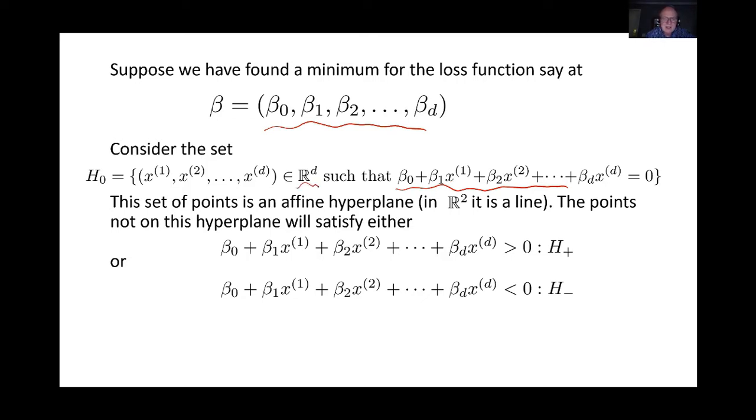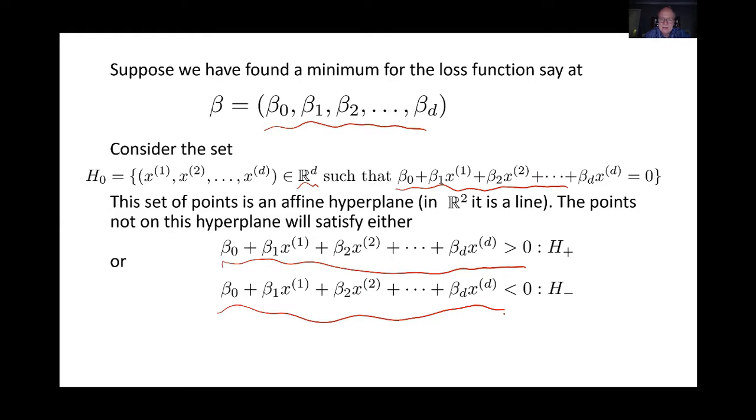So this is what's called an affine hyperplane. If we like to deal with just the plane, which we do because we can draw things there, it's nothing but a line in the plane. But this line divides the plane into two disjoint pieces. Those where this value here is positive, and those where it's negative.